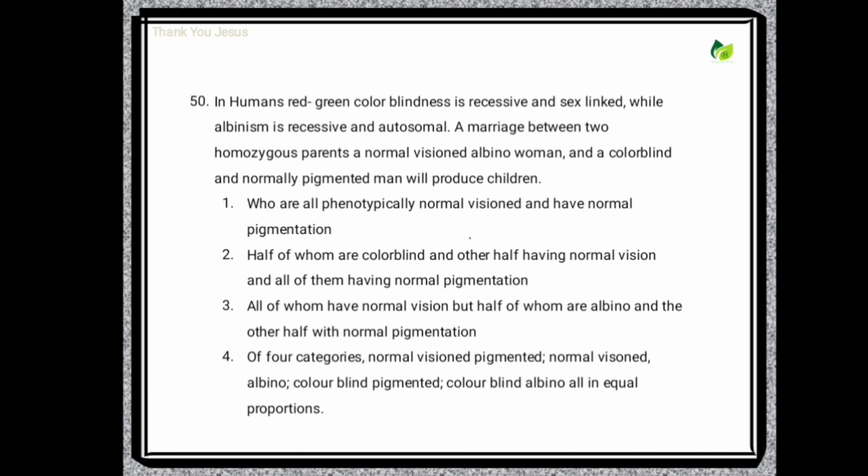The correct answer is they will produce all phenotypically normal vision and normal pigmentation. Listen carefully: color blindness is sex-linked, and the color-blind X chromosome will be transferred to the daughter only in the F1, but she acts as a carrier.